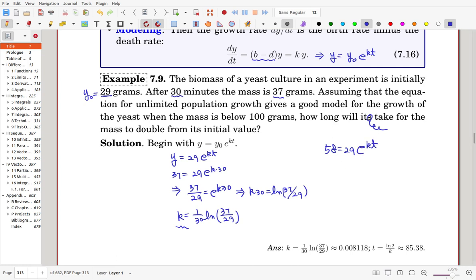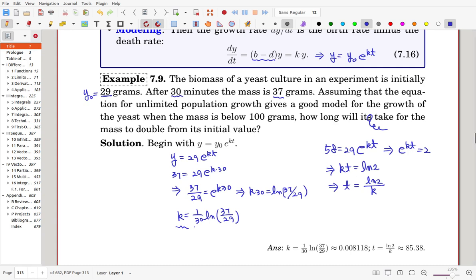Dividing by 29, it becomes 2, so e to the kt equals 2. Now applying the logarithm, kt equals the logarithm of 2, so we have to find t, the time, which is the logarithm of 2 divided by k.